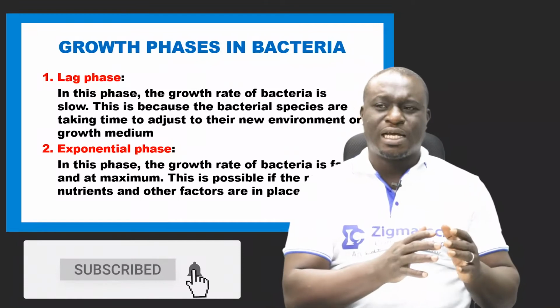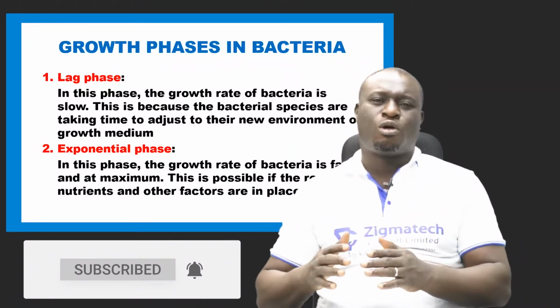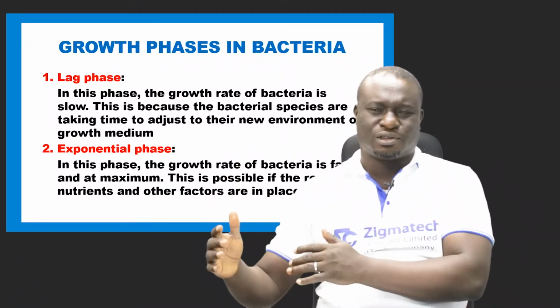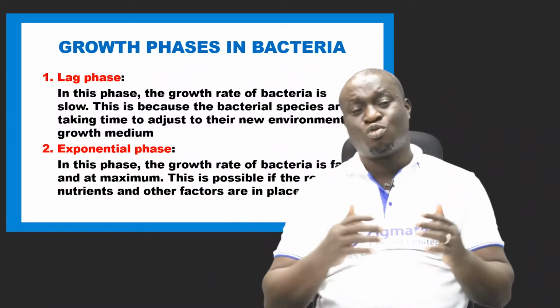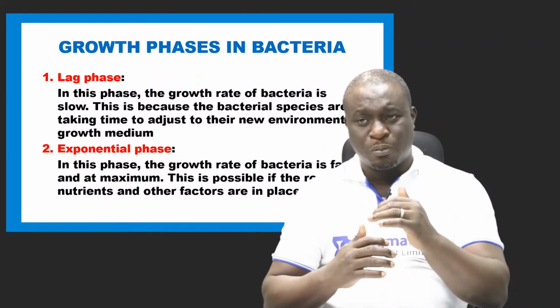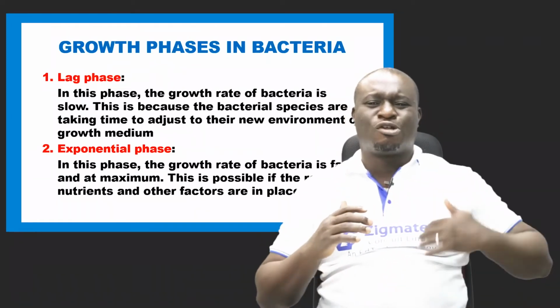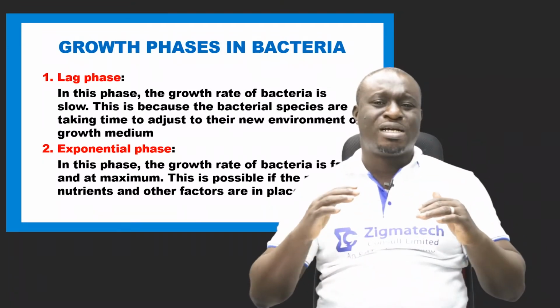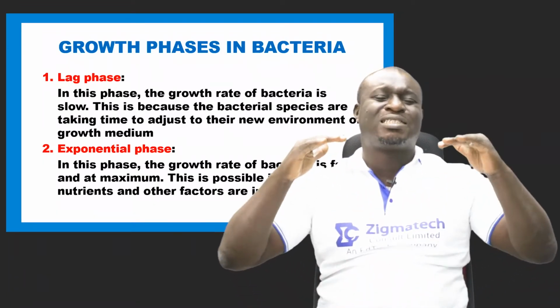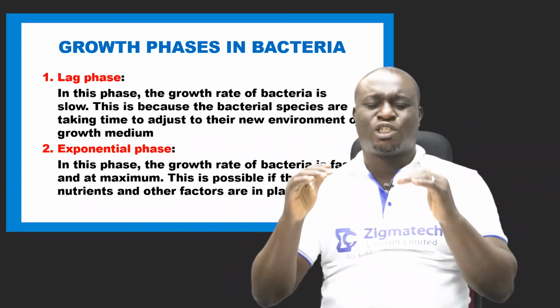Then the second stage or phase is what we call the exponential phase. Now, in the first stage, we said the growth rate is slow. But in the second phase, the growth rate is fast and maximum. In fact, the growth rate of bacteria reaches its peak at the exponential phase.